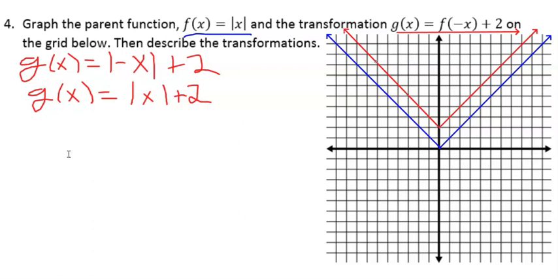So our transformations are: it technically reflected across the y-axis. And then it went up 2.